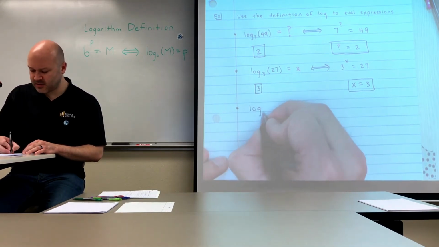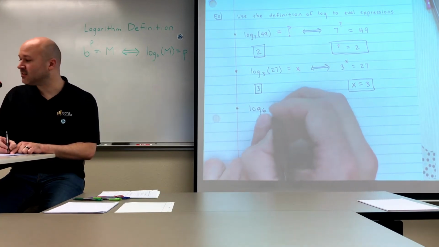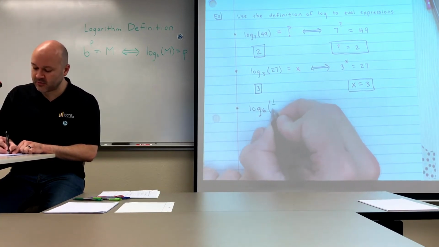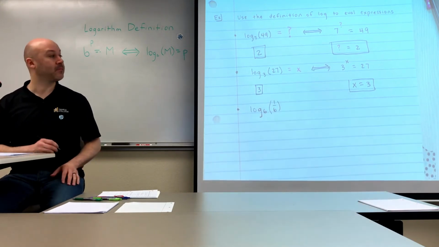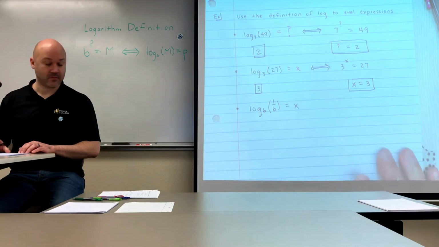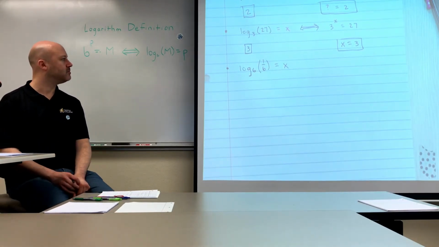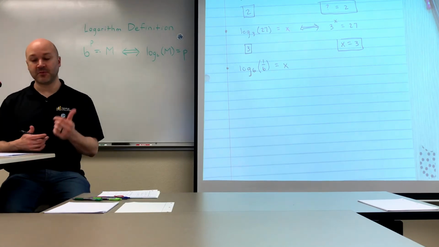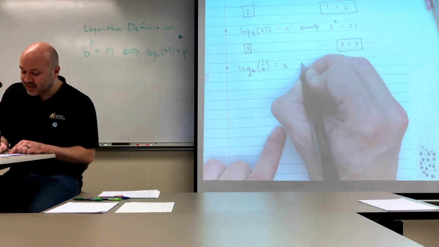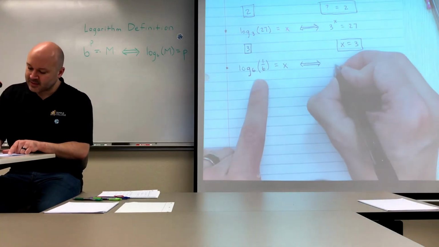Let's try something tricky. Log base 6 of 1 over 6 equals x. I want to know what x equals. Right now it's in logarithmic form, so I think what I'll do is kick it over into exponential form, something I'm more familiar with.